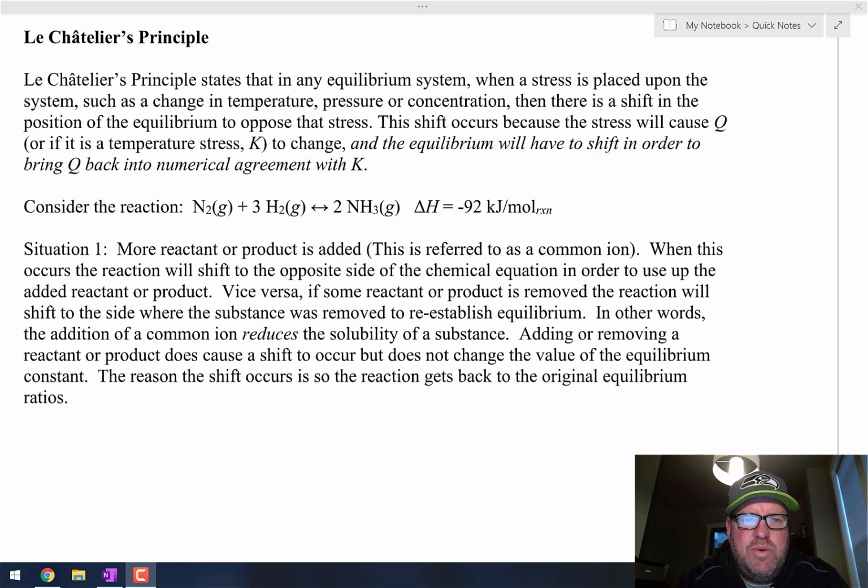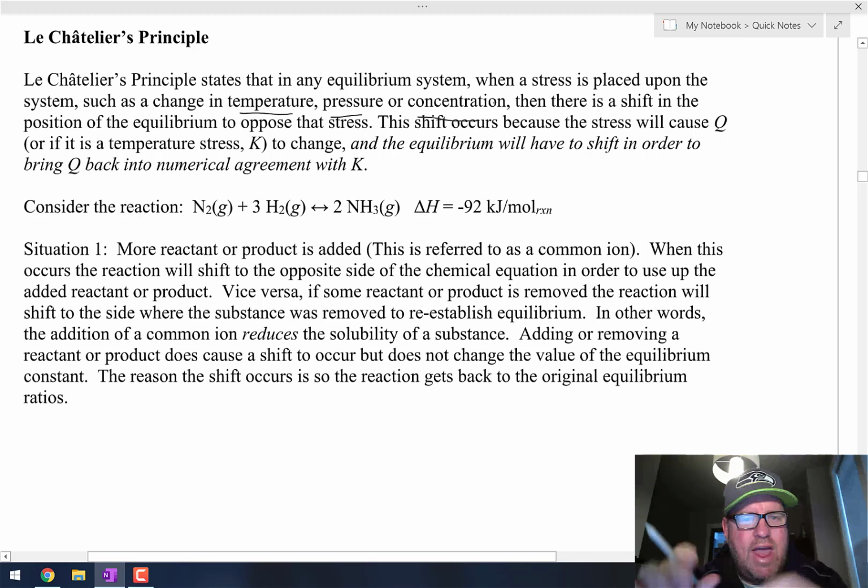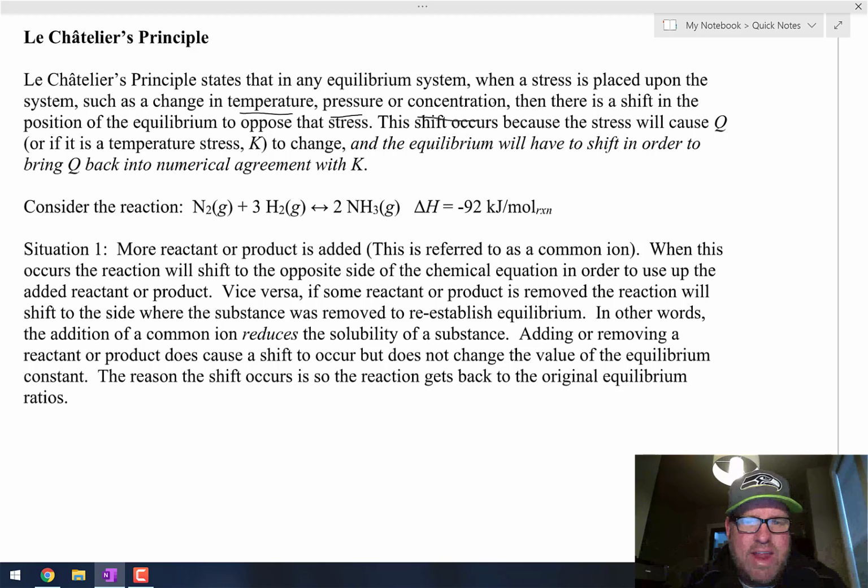All right, LeChatelier's principle is an application of the Q versus K issue, that whenever you cause a change in an equilibrium system, by doing lots of different things, you can change the temperature, the pressure, the concentration, the reaction has to react or shift to relieve that stress or that change that has been made.